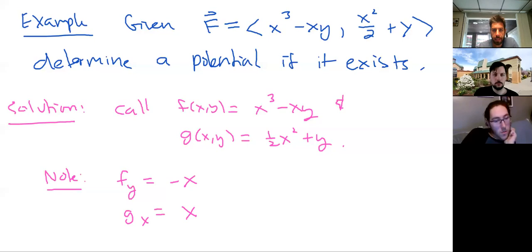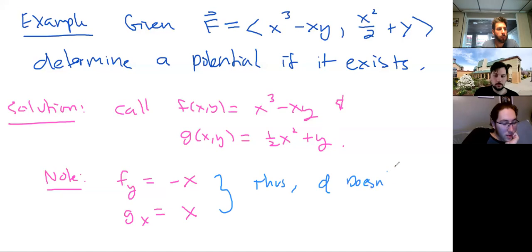So what does this mean? Well, according to our theorem, there is no potential function. There is no potential function because these partials aren't the same.